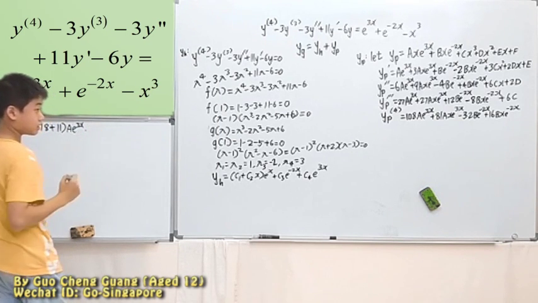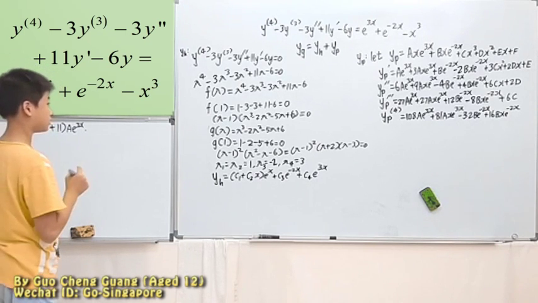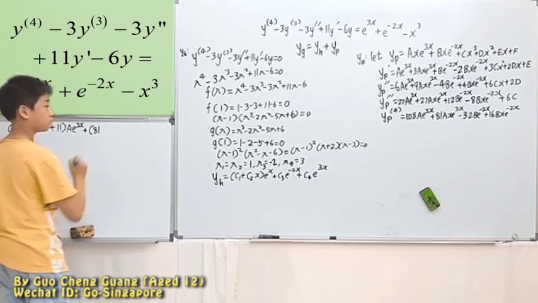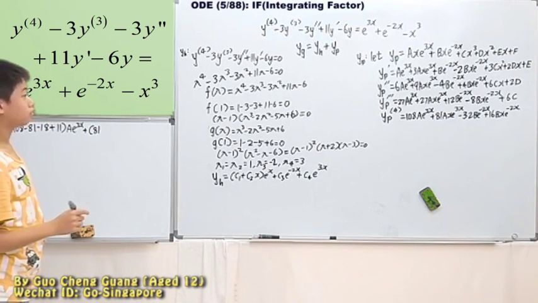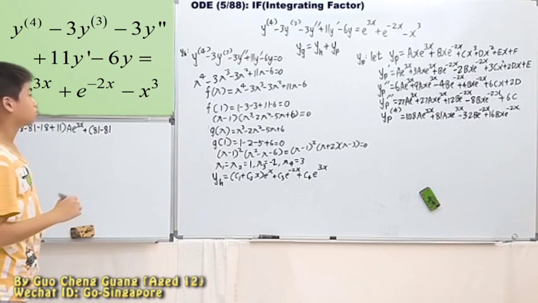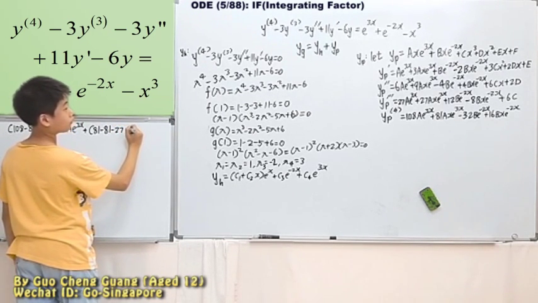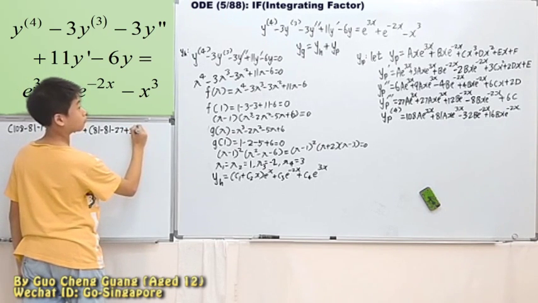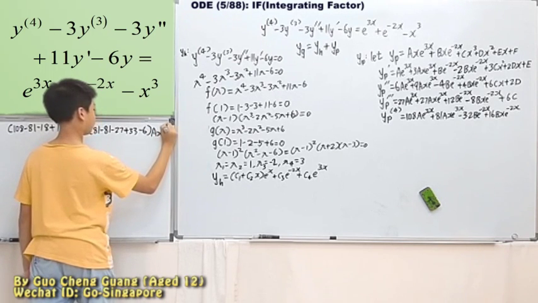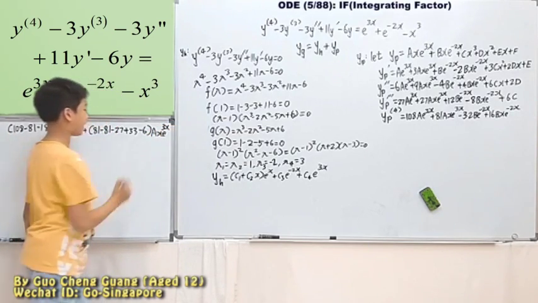Then after that is a times x times e to the power of 3x.